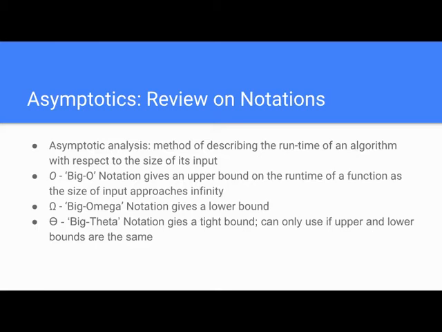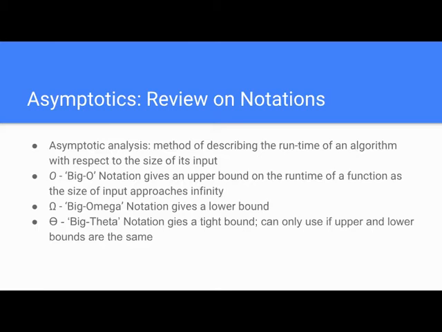Okay, hi guys. I'm Lauren. I'm another one of the mentors, and I'm also on core staff. To get started, I'm going to start talking about asymptotics. Asymptotic analysis is a method to describe the runtime of your algorithm with respect to the size of its input.